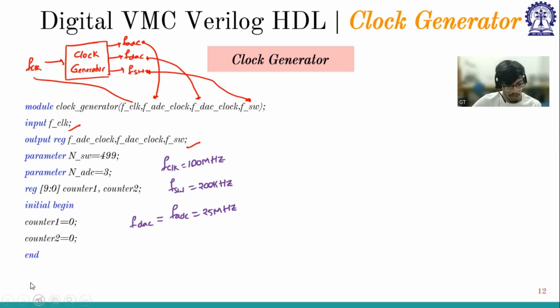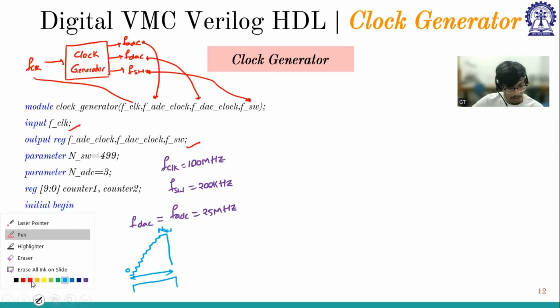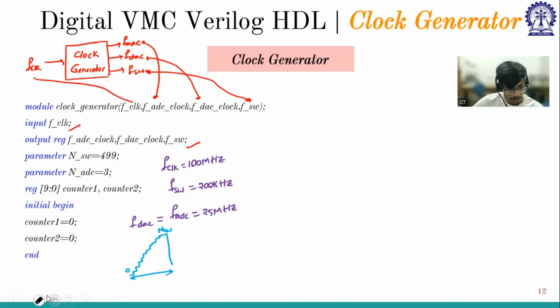Can anyone tell me the logic? Say NSW. I am using a counter, so what is the value from 0 to NSW minus 1 or NSW that I should count so that I get one switching period, TSW?